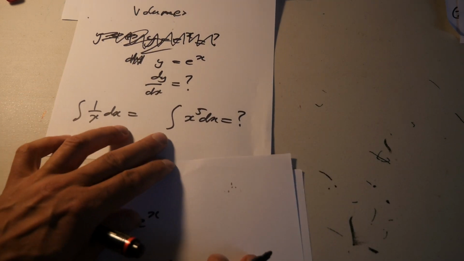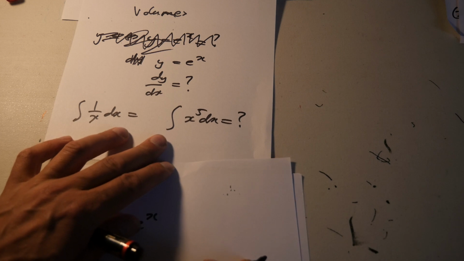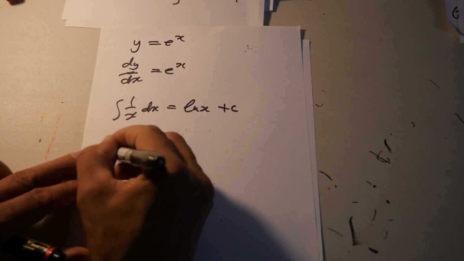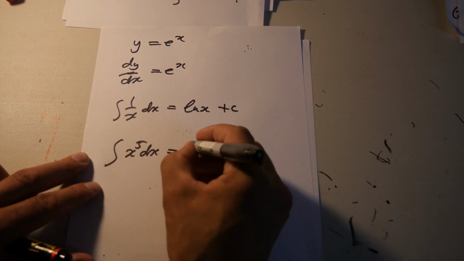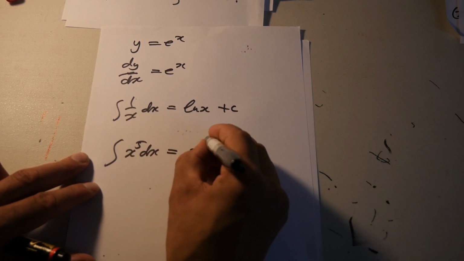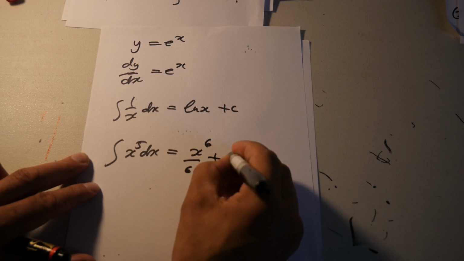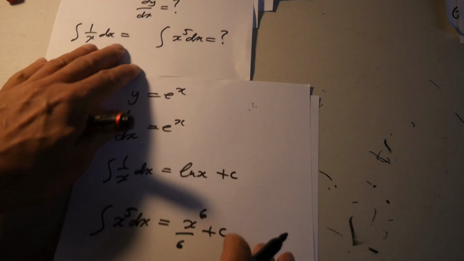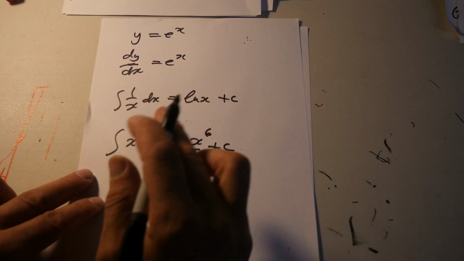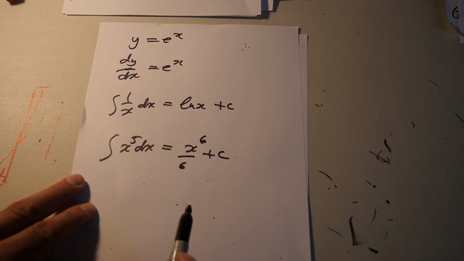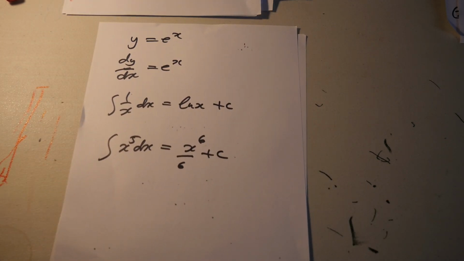And what's the integral of x to the 5th? It equals x to the 6th over 6 plus c, okay? The integral of that one is equal to this, okay? Thank you.